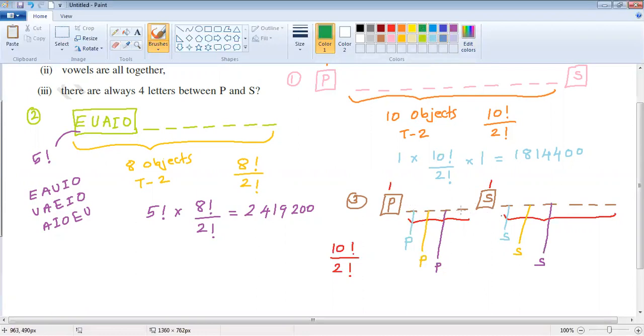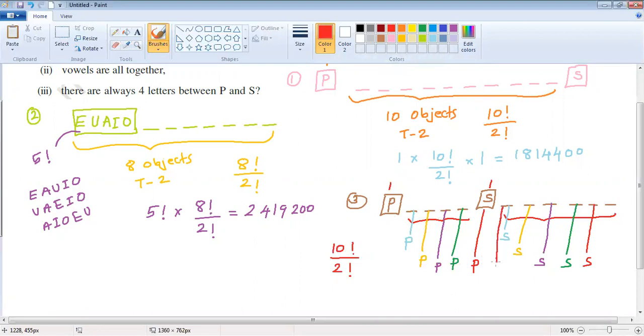Then P can come in the fifth position, S in the 10th position. That time also there are 4 letters between P and S. Again, P can come in the sixth position, S in the 11th position.